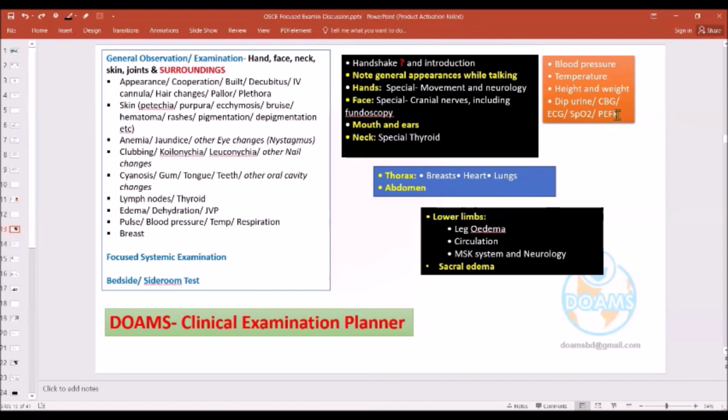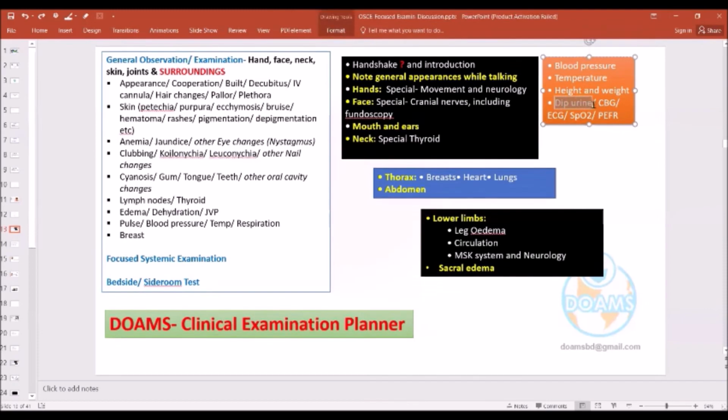This is actually a bedside test. But in our practical life, especially in the South Asian perspective, we can include dipstick, capillary blood glucose, ECG, SpO2. SpO2 is easily done with a small meter. Peak expiratory flow rate and spirometry, we can include in our investigation plan.